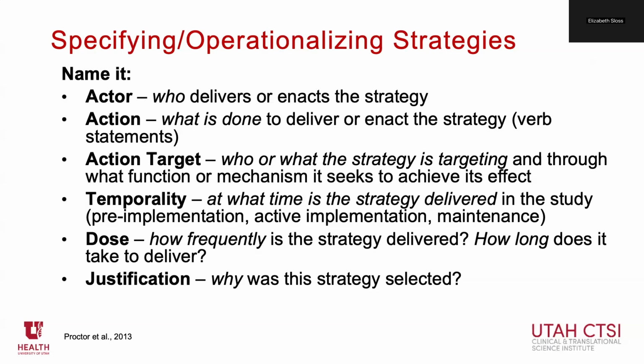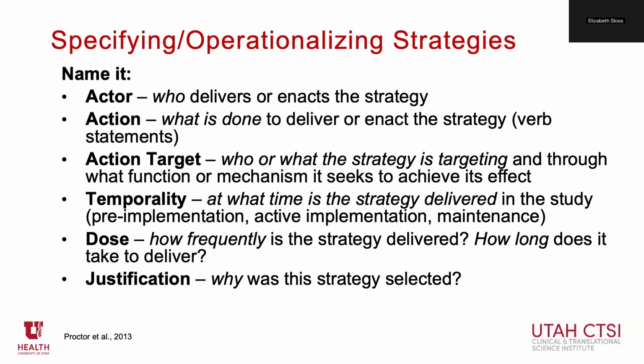That can sometimes be meaningful, or just pre-implementation, during active implementation, or during the sustainment or maintenance phase. And then at what dose? How frequently is the strategy delivered, or how long does it take? You can think about training. Maybe it's 2 sessions for 90 minutes each. These are really important to know exactly if you're trying to transport that into another system: how long does it take to actually get people trained to deliver this effectively?